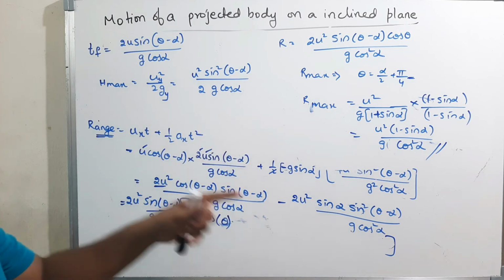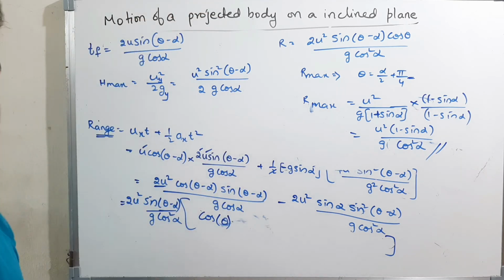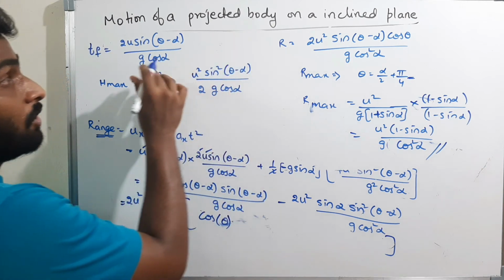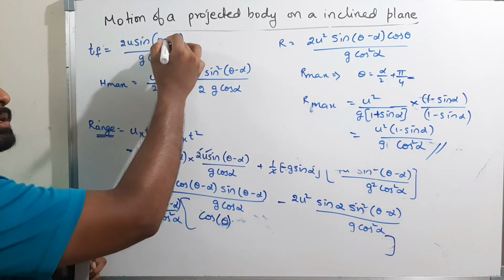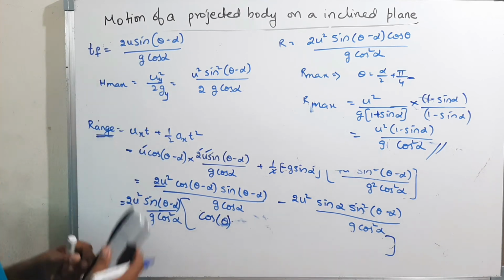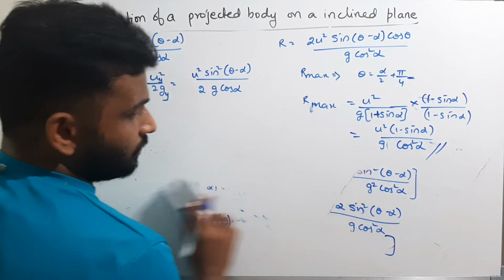These are all things for up the plane. If it is down the plane, we will see everything clearly here.